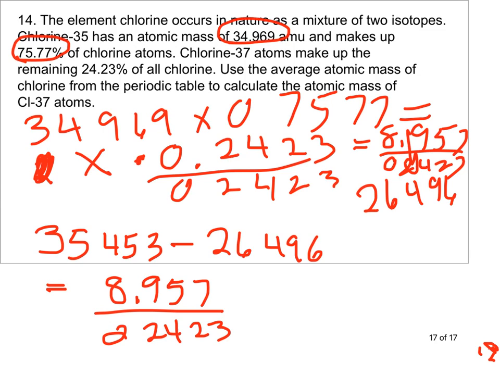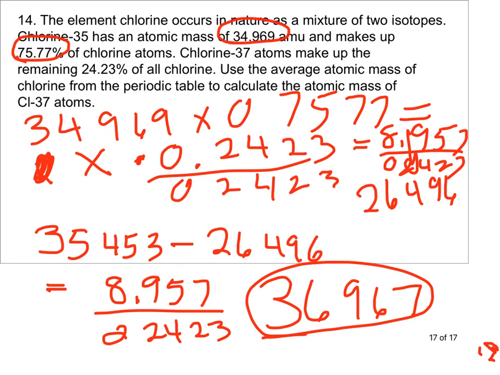So we take the 8.957 divided by 0.2423 equals, and I get 36.967. And that would be, I forgot to write, AMUs.